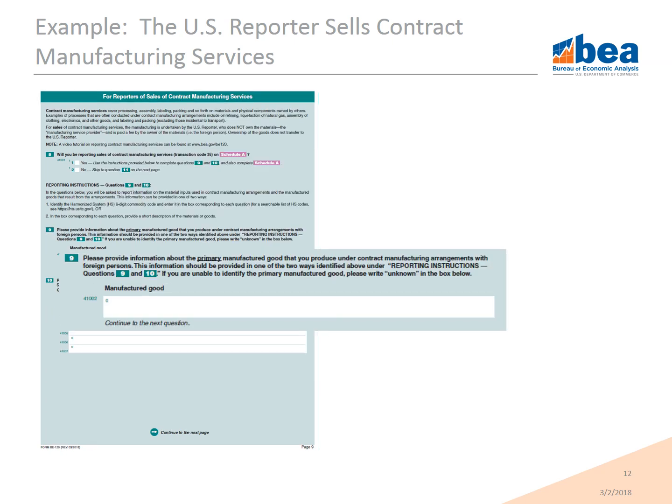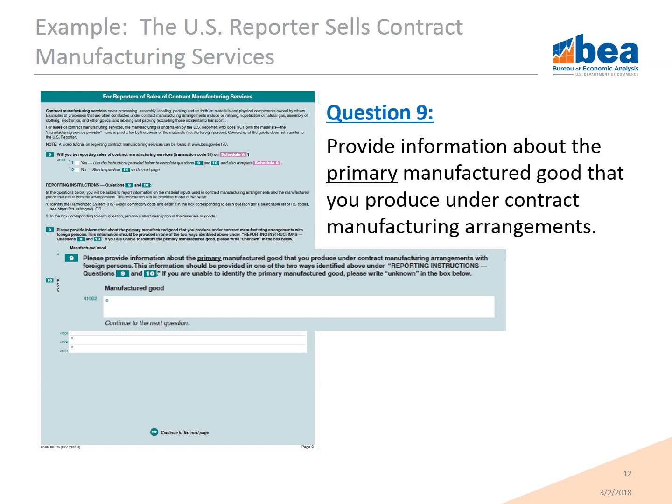After answering yes to question 8, you will need to report additional details about these transactions in questions 9 and 10 on page 9. Provide a description of the manufactured goods that result from the arrangements and details about the material inputs used. For question 9, provide a description of the primary manufactured good that you produce under a contract manufacturing service arrangement.